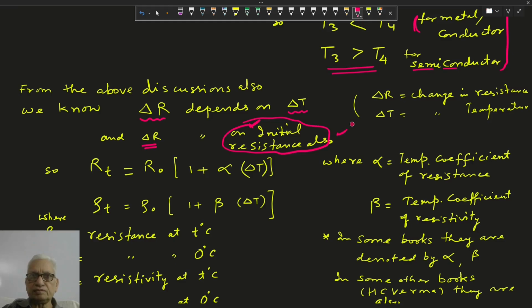On the basis of this relation, the resistance at temperature T is given by the resistance at 0 degrees times 1 plus alpha delta T. Delta T is the change in temperature and alpha is called the temperature coefficient of resistance. Similarly, the resistivity at temperature T is equal to the resistivity at 0 temperature times 1 plus beta delta T. Delta T is the change in temperature. Beta is defined as the temperature coefficient of resistivity.